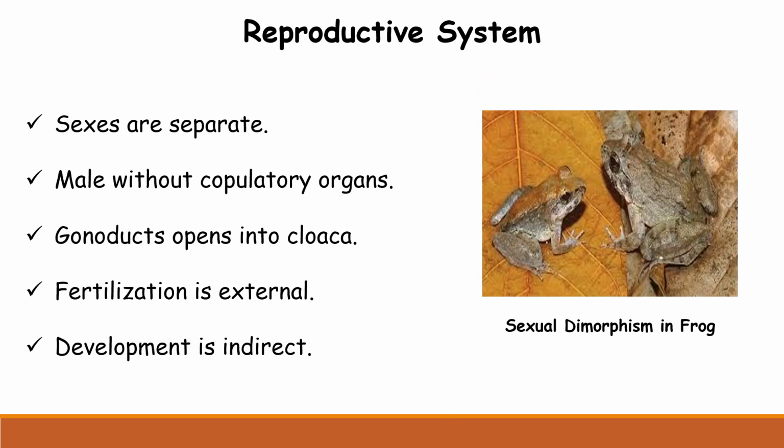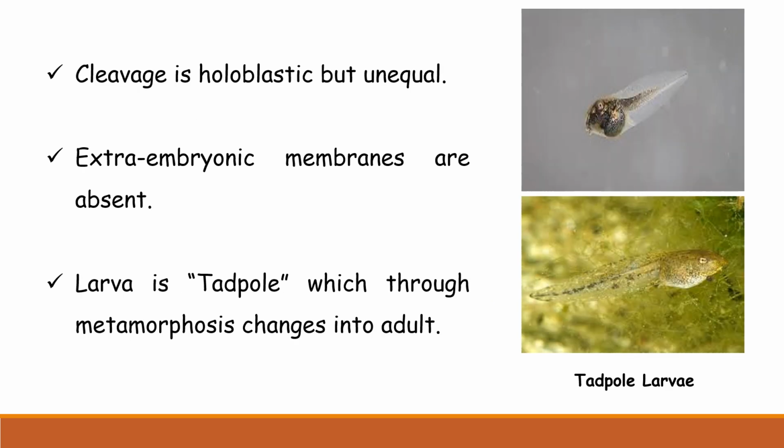Next, about the reproductive system. In amphibians, the sexes are completely separate. Males are without copulatory organs because their fertilization is external. Gonoducts open into the cloaca, as we already discussed. Development is indirect because of the presence of the tadpole larva.